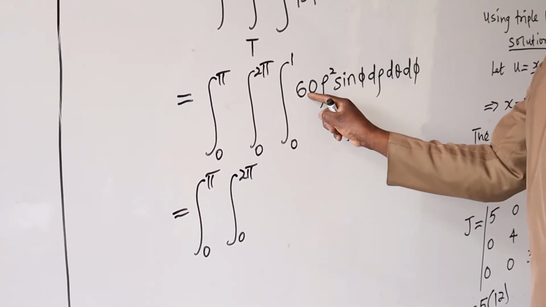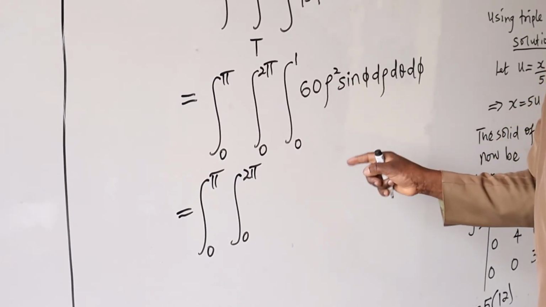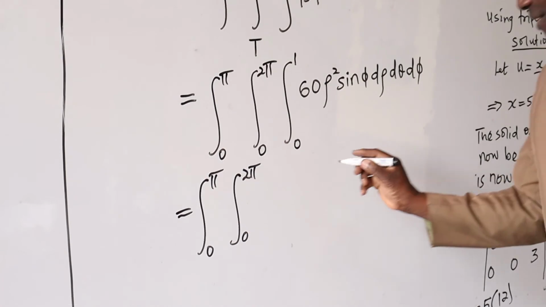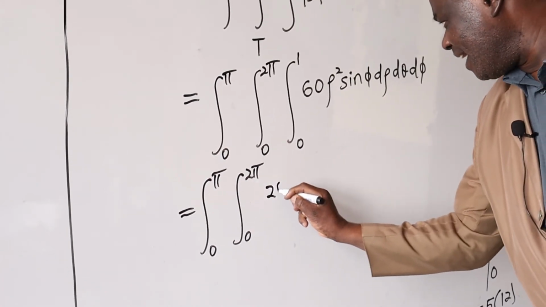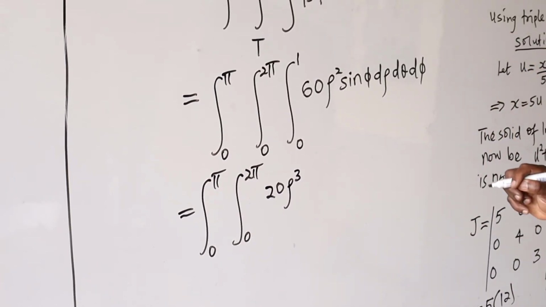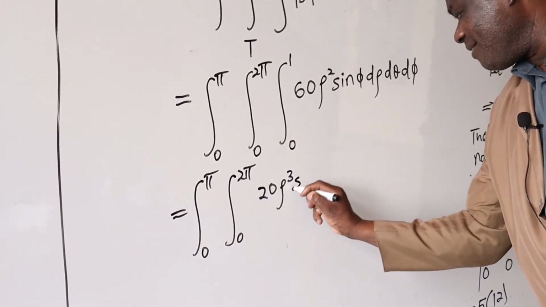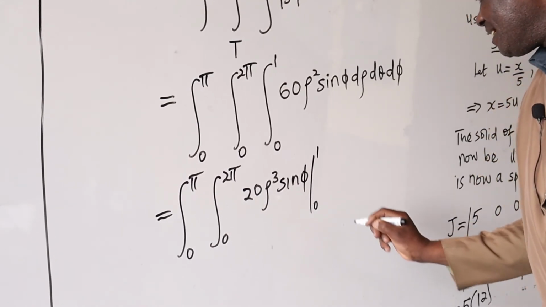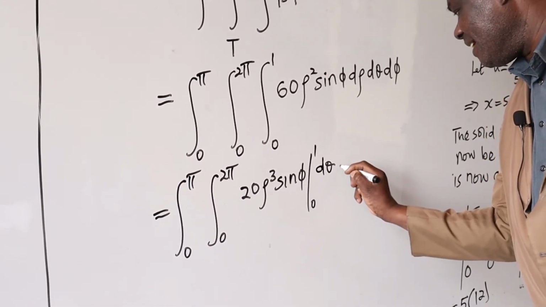Now we are integrating with respect to rho. So it will be 20 rho cubed sine phi, and then we put limits from 0 to 1, d theta d phi.